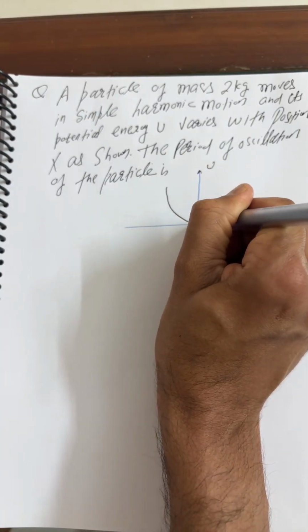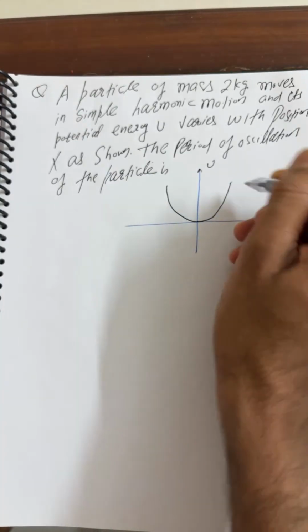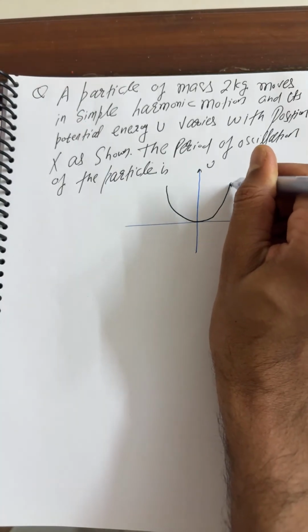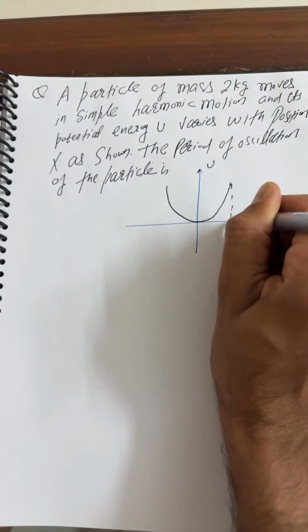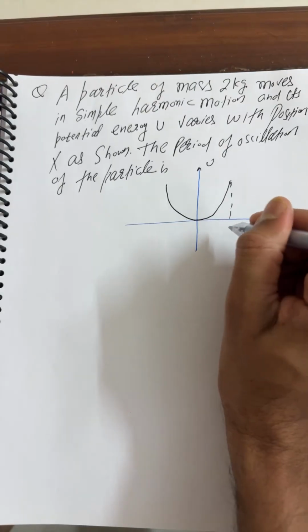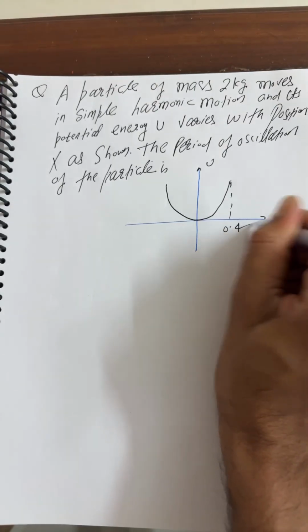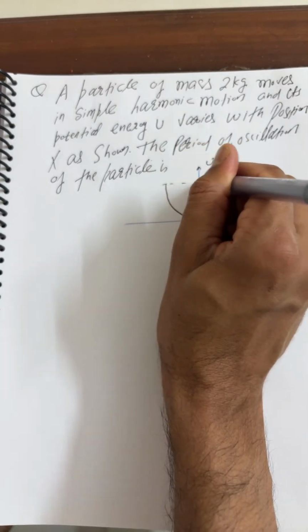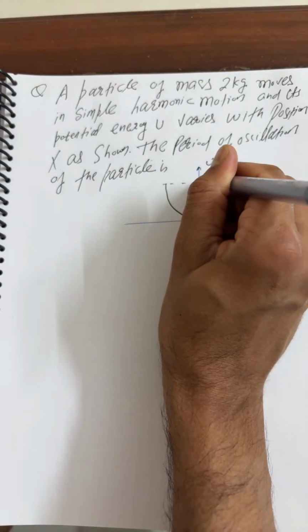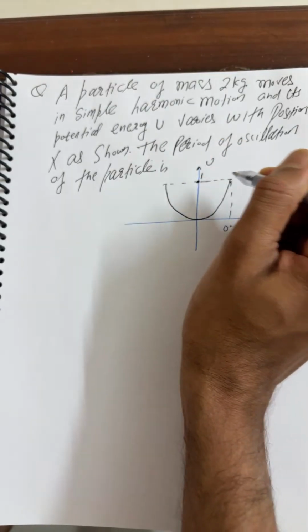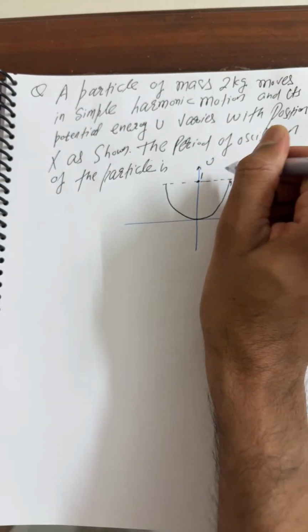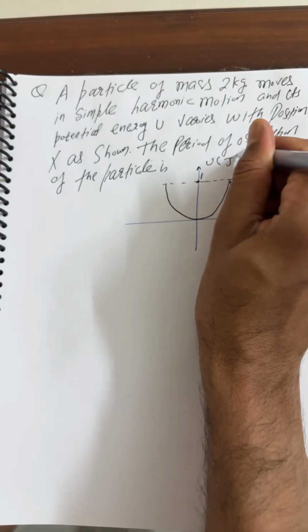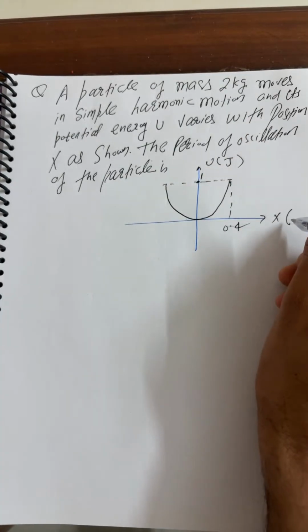This is the graph mentioned in the question. The amplitude is also mentioned, which is equal to 0.4. This is the constant point. Take potential energy in joule and x in meter.